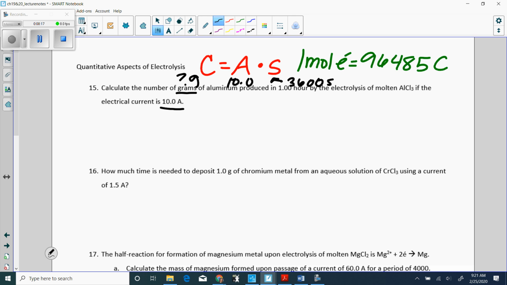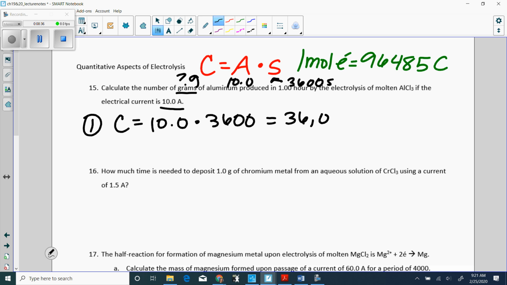So I can figure out coulombs, and then I'm going to show you how to go from coulombs to grams. Let's start with our coulombs. Our coulombs equals our amps times our seconds.